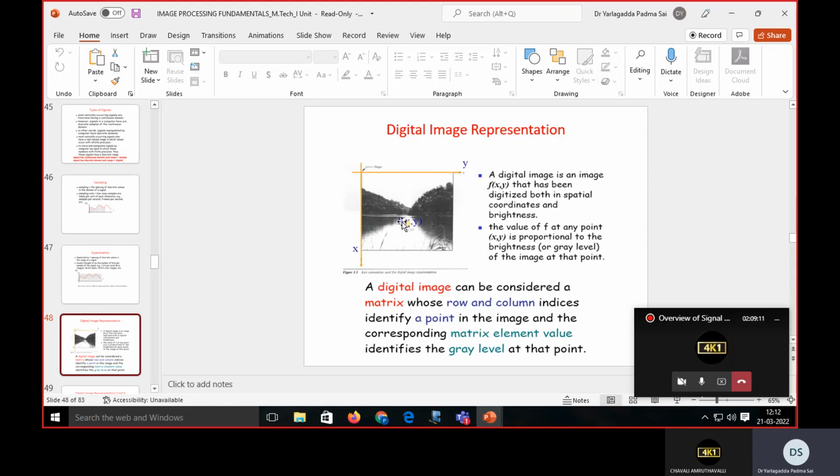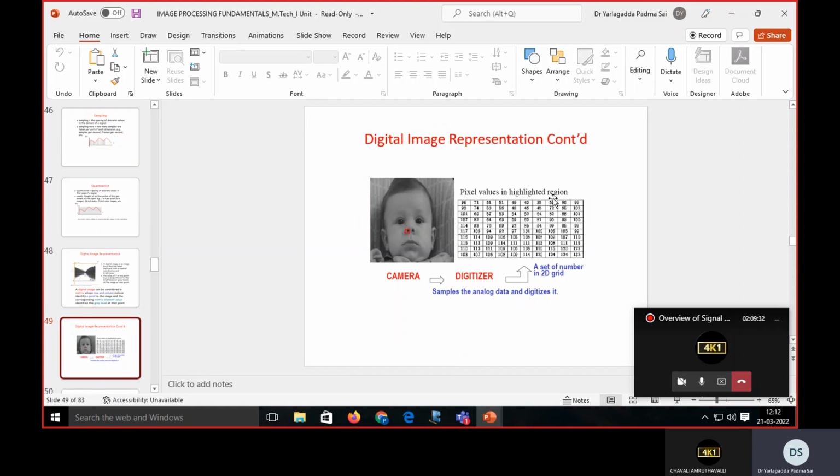Now this is f of x y. In this quadrant we represent the image like this, f of x comma y. Rows and columns I already mentioned. The matrix elements we call brightness values, also called gray level. Now, the number of gray levels: for example, I am using 8 bits to represent my image, so my pixel values vary from 0 to 255.